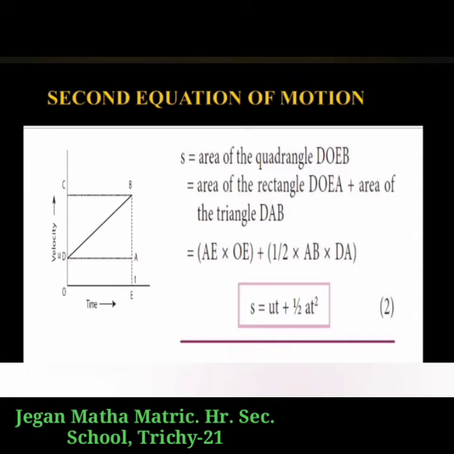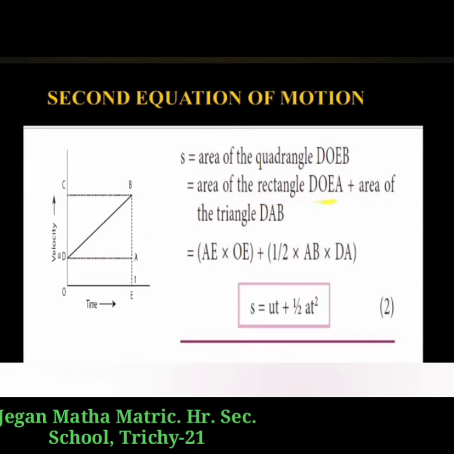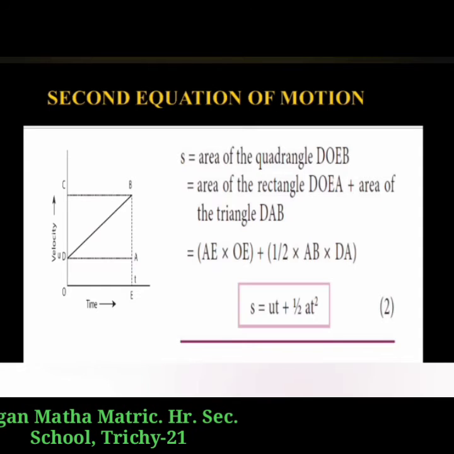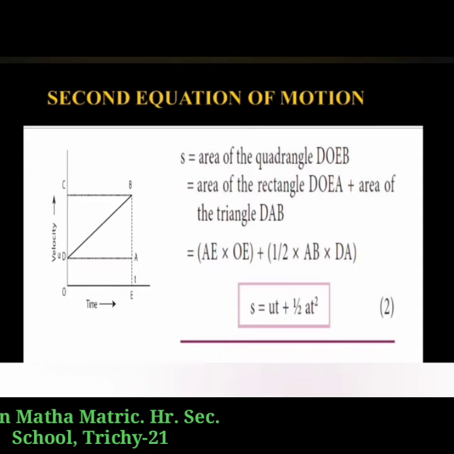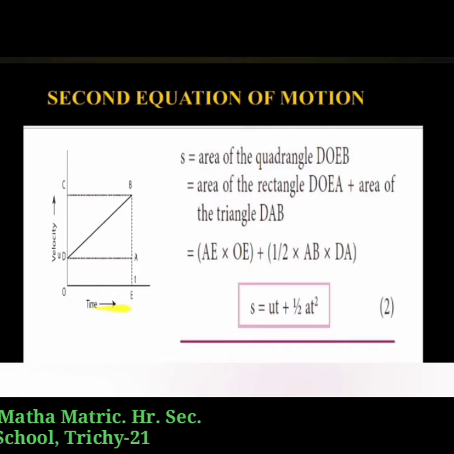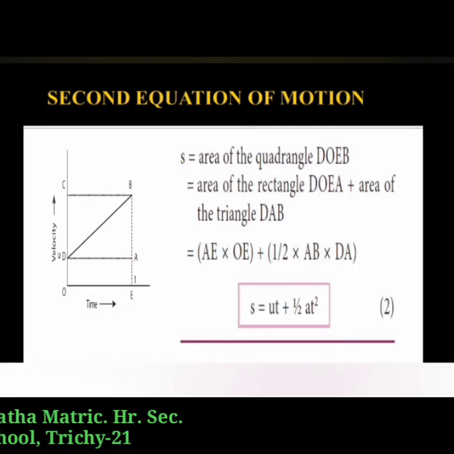We know that the formula for area of rectangle is length into breadth. So in this rectangle DOEA, length is AE, then breadth is OE. So AE into OE, plus the area of the triangle DAB.